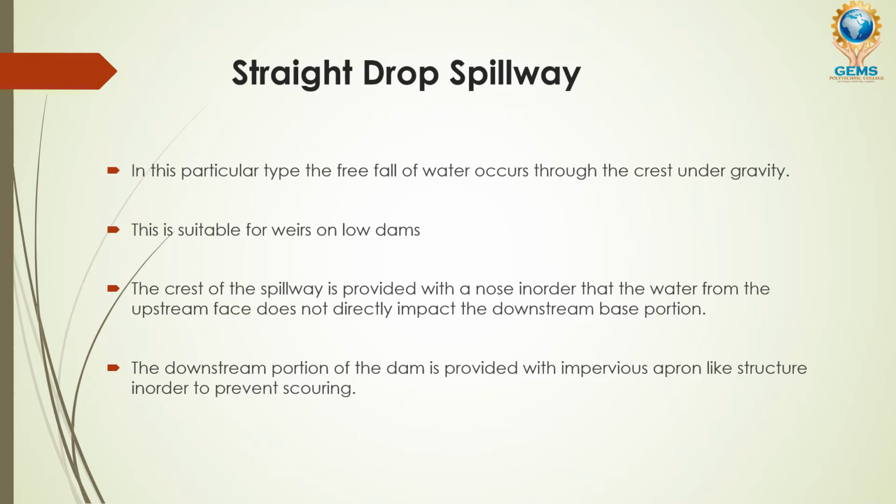Scouring means the settlement of sludge, or the settlement of silts. The water, when flowing at high speed from the reservoir, collects some silts, and this silt deposits at the downstream portion. In order to prevent that, an impervious apron structure is provided so that silts and sludges will not settle at that downstream portion.